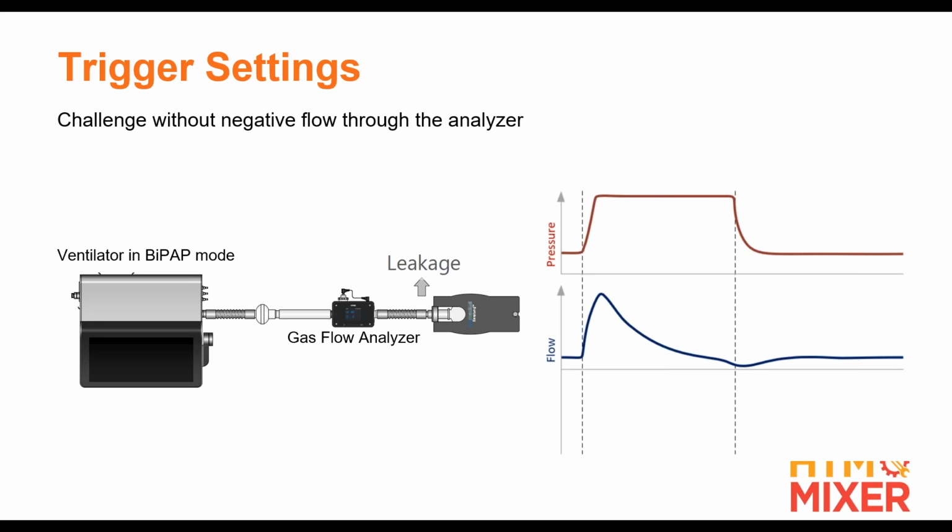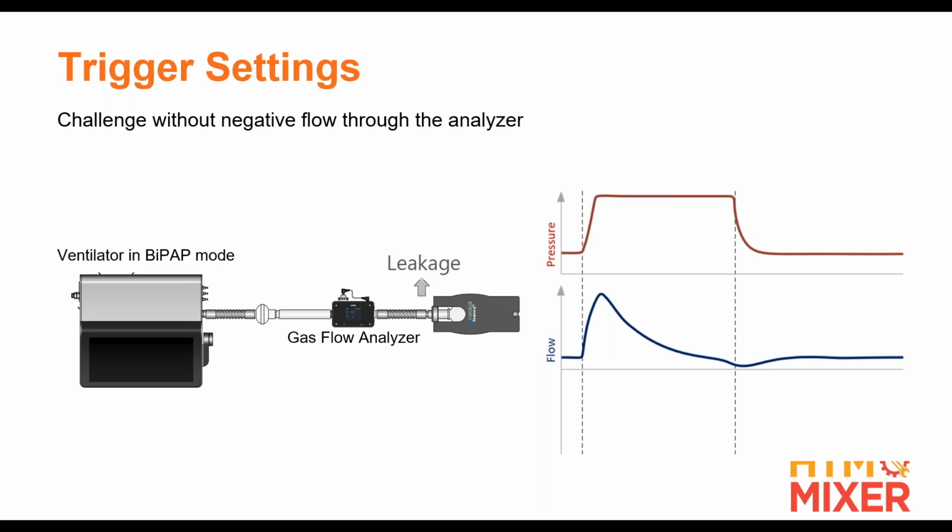And this is why when you test a V60, that's a BiPAP unit, you have to have a trigger cable, okay? Because it has to tell the analyzer, I'm in inspiration, I'm in IPAP, and I'm in EPAP.